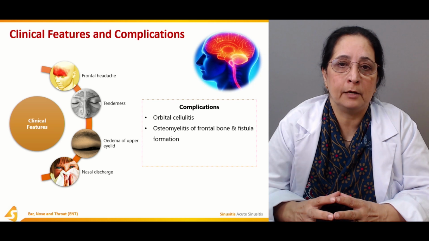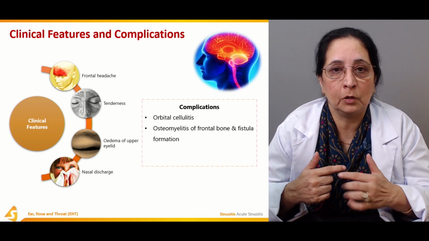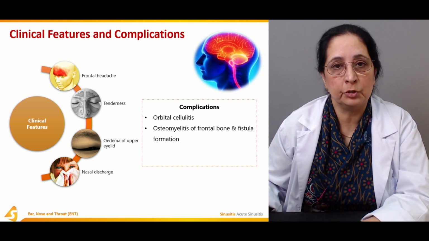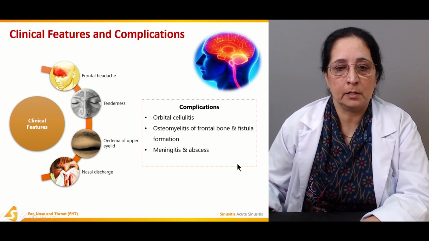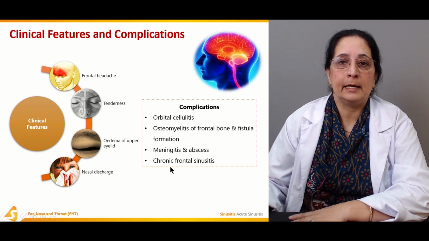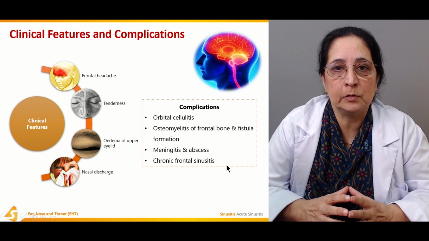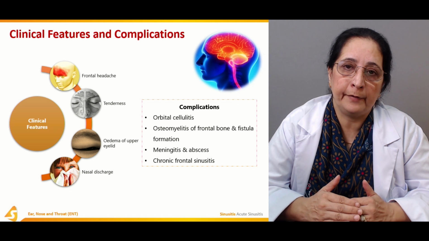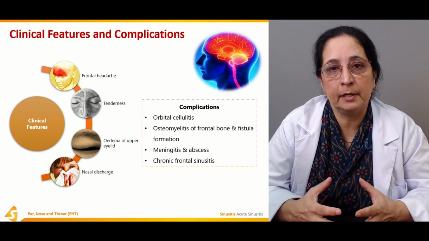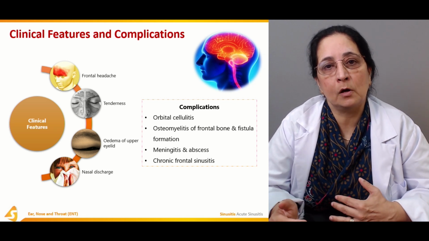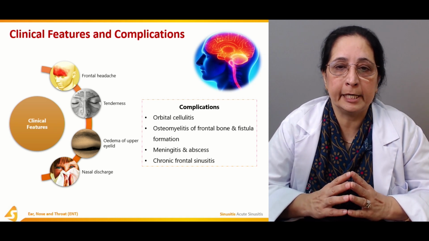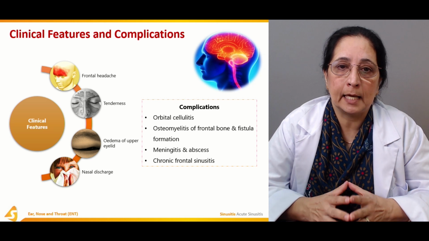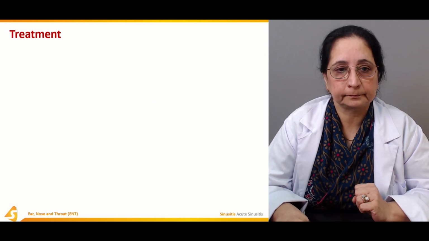A fistula is a connection or communication between two structures. Meningitis and abscess can also form, and then we can have chronic frontal sinusitis if acute infection is not treated and it persists. So all these are different complications of frontal sinusitis.